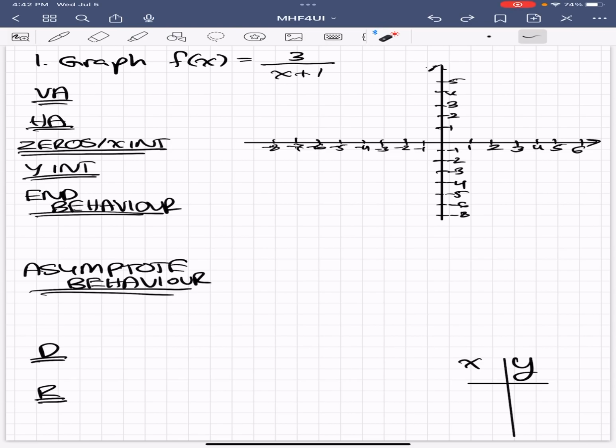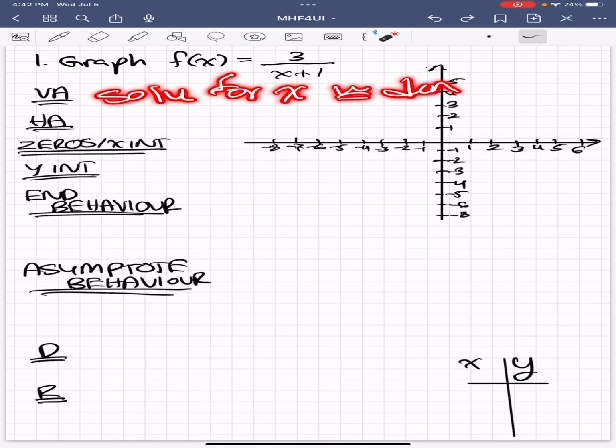So the VA, remember, are the zeros. So solve for x with the denominator.